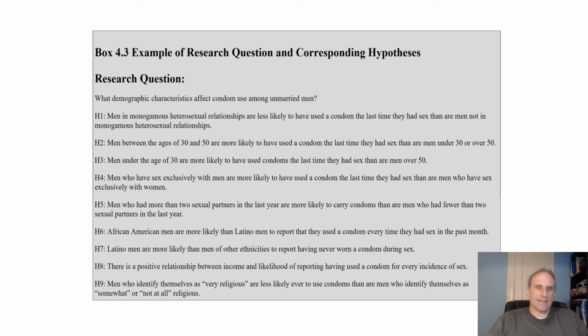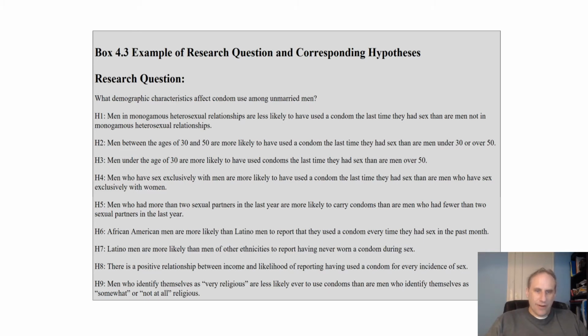So one hypothesis, men in monogamous heterosexual relationships are less likely to have used a condom the last time they had sex than men not in a monogamous heterosexual relationship, which raises a couple questions you want to ask in the survey. One, are you in a heterosexual relationship? Is it monogamous? Have you used a condom in the last few months?